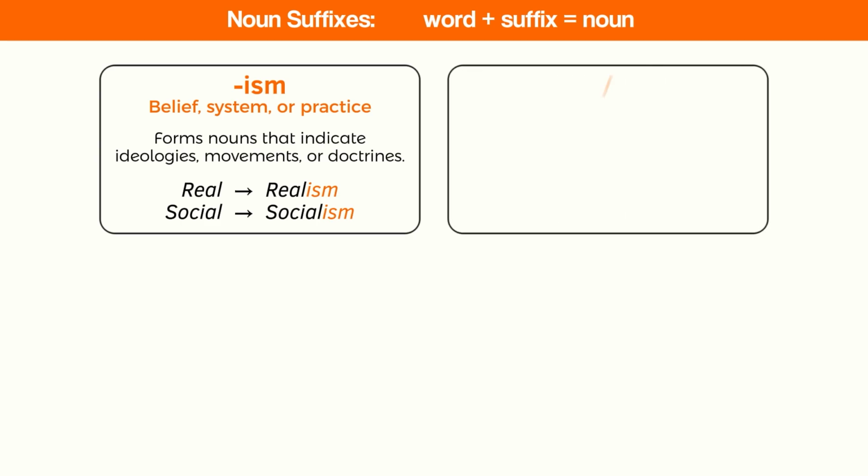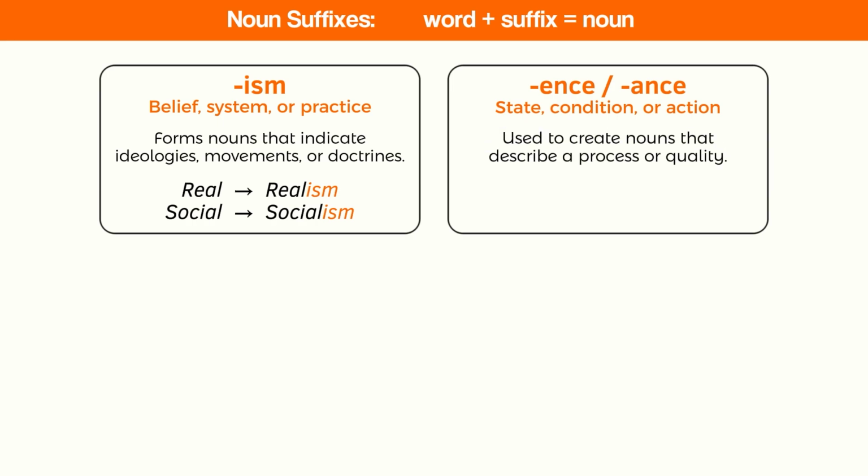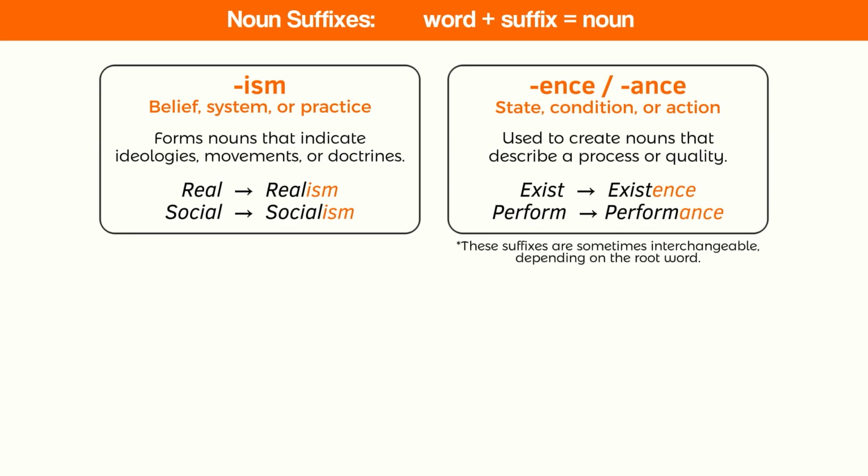The suffix ence or ance, state, condition or action, used to create nouns that describe a process or quality. Examples: exist, existence, perform, performance. These suffixes are sometimes interchangeable depending on the root word.